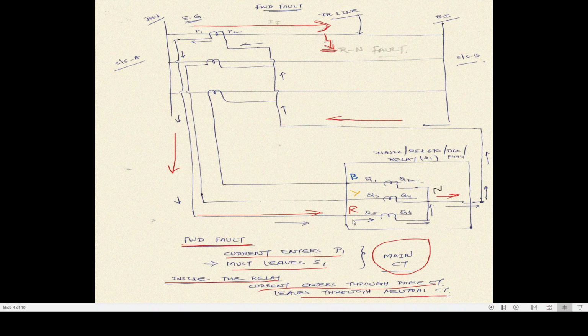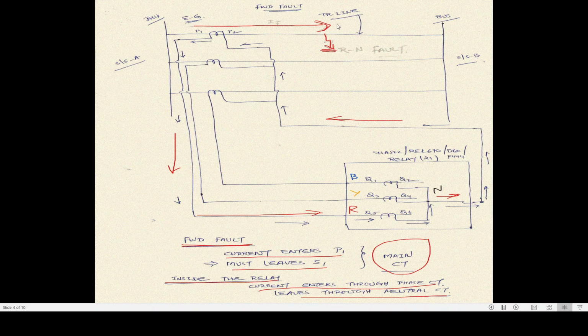If you see over here, in the primary side of this CT the current enters through P1, so that means the current will leave through the S1 terminal of the main CT, which is used for the protection of the transmission line. Inside the relay, the current enters through the phase CT and leaves through the neutral. That means the relay will determine it as a forward fault.